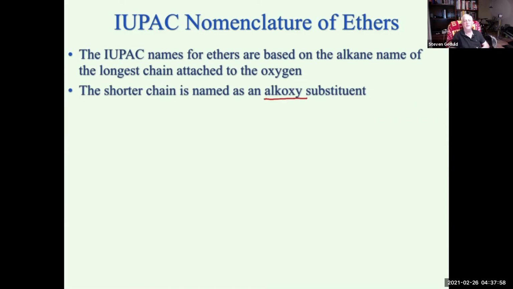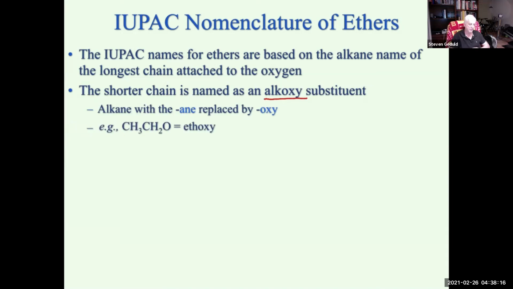If there's one carbon, it's methoxy. If there are two carbons, it's ethoxy. Three carbons is propoxy. The alkane ending A-N-E is replaced by OXY. So you drop the A-N-E and replace it with OXY. So that's an ethoxy attachment right there.